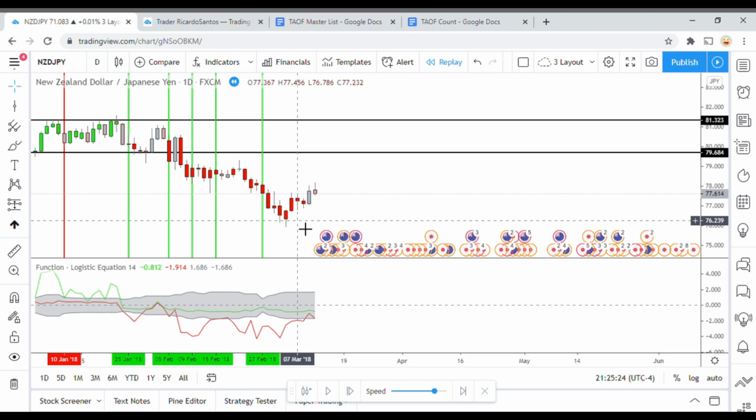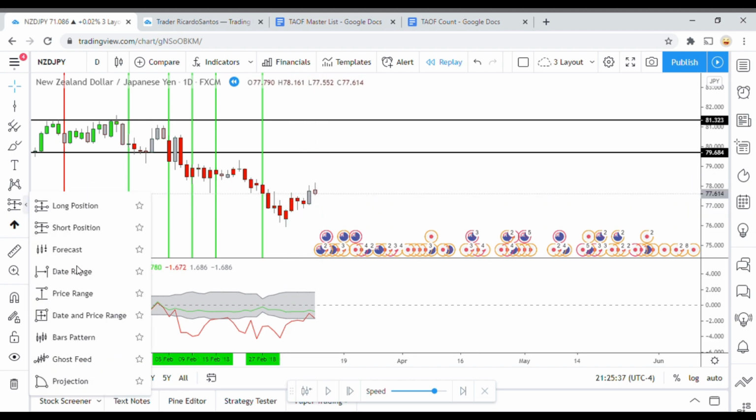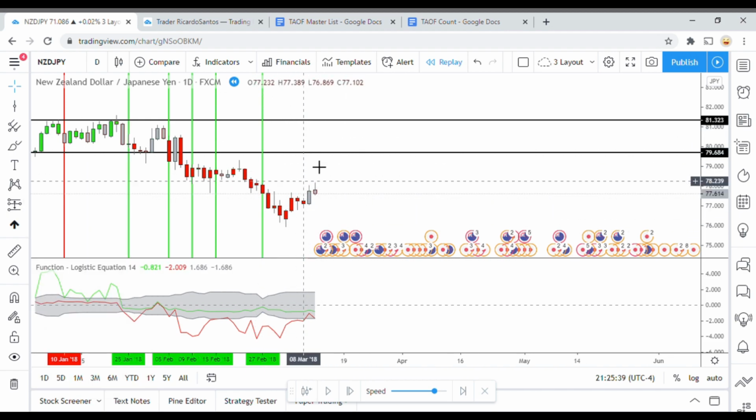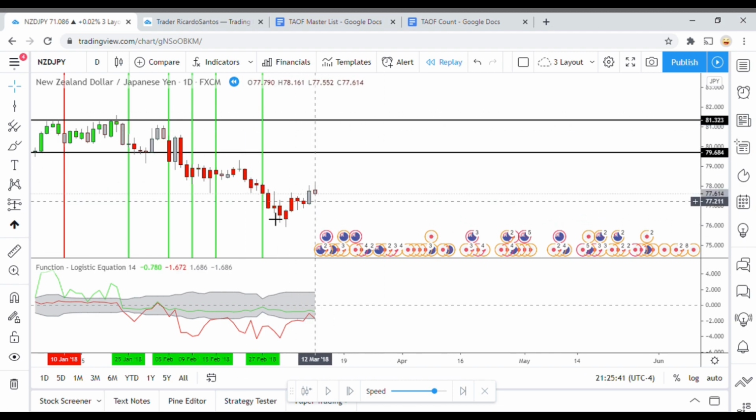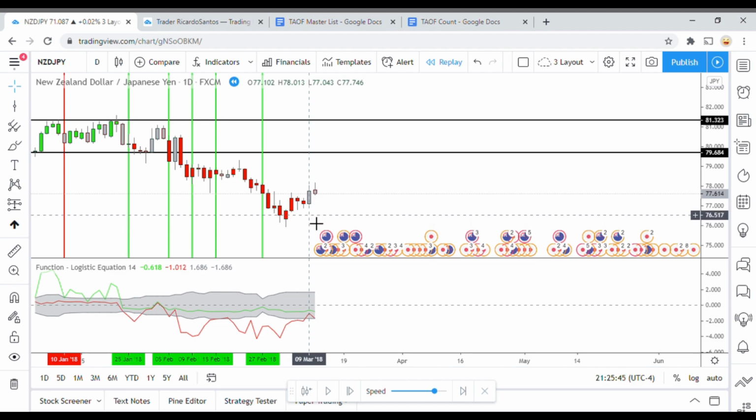There are so many different price action patterns that work off of, oh goodness, it's escaping me now, the Fibonacci levels, the ciphers, and so on. And boy, they get out there.